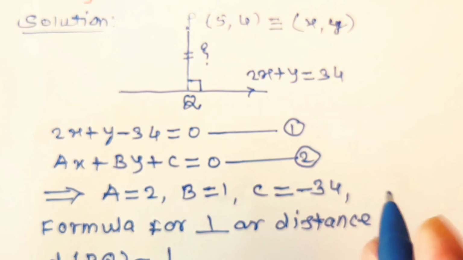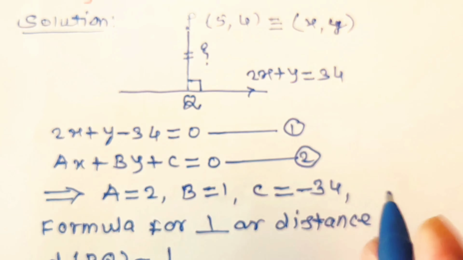But here a is 2, b is 1, c is -34, x is 5 and y is 4. Hence, putting these values: 2 into 5 plus 1 into 4 plus c, which is -34, divided by square root of 2 square plus 1 square.